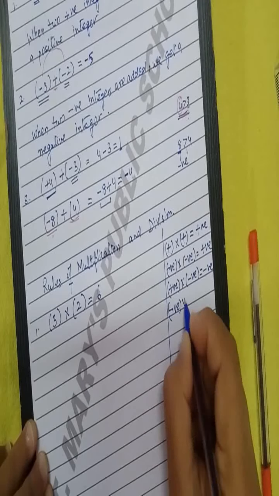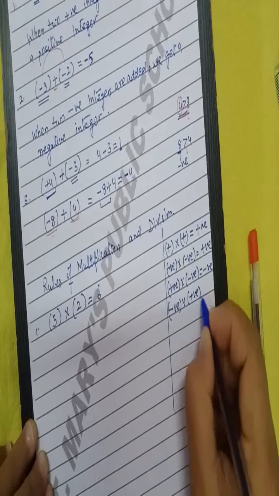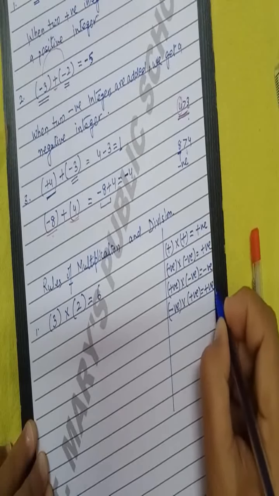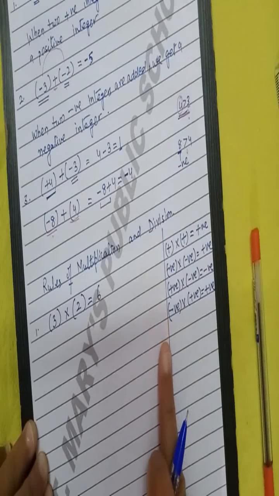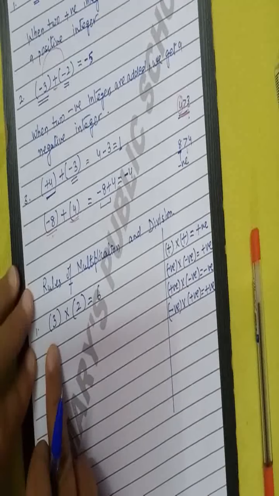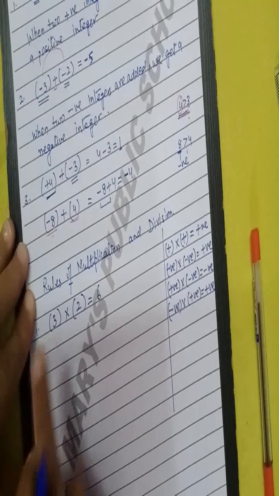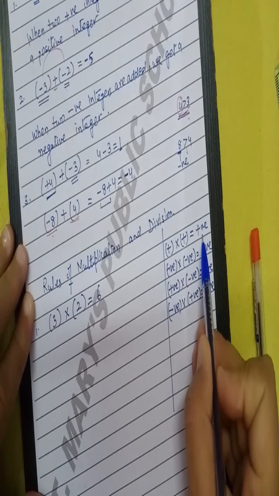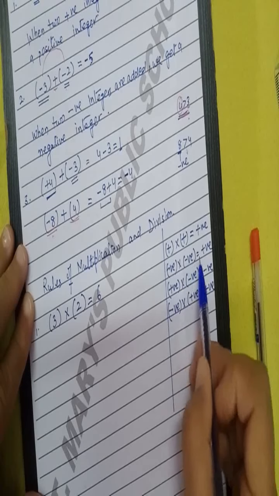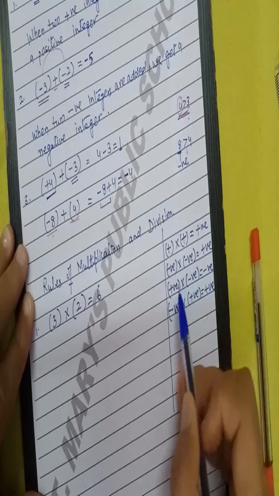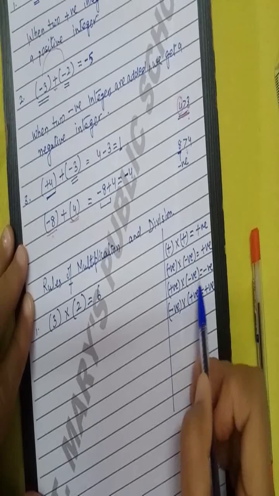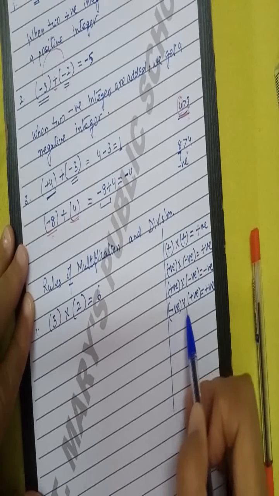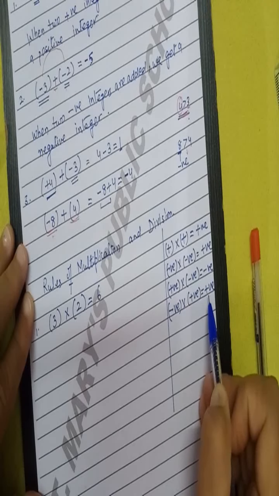Negative into positive is negative. With the help of these rules we will solve these questions. Mind it, this is how we read: positive into positive is positive, negative into negative is positive, positive into negative is negative, negative into positive is negative.